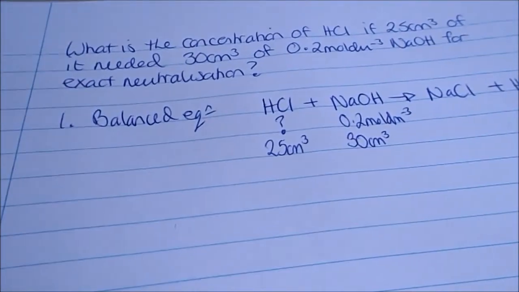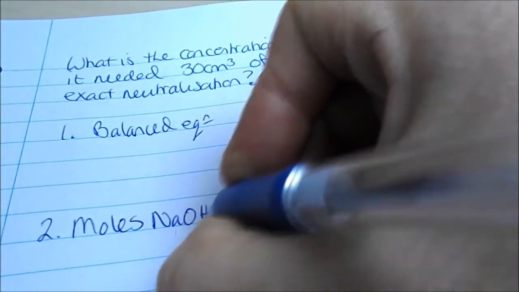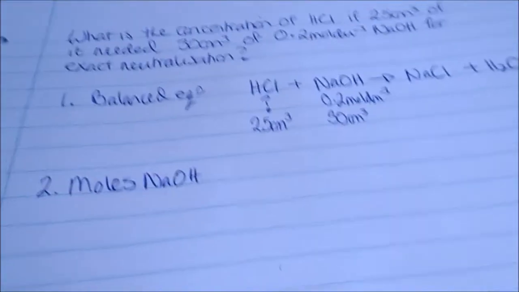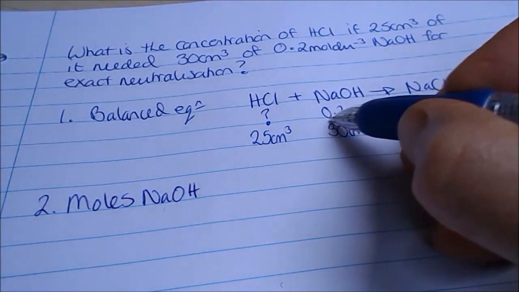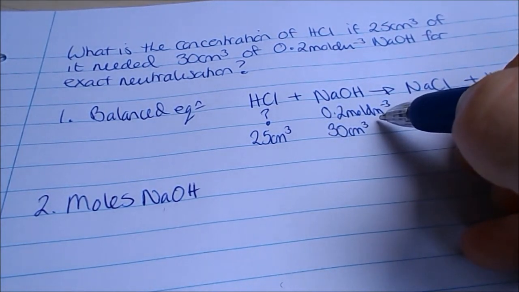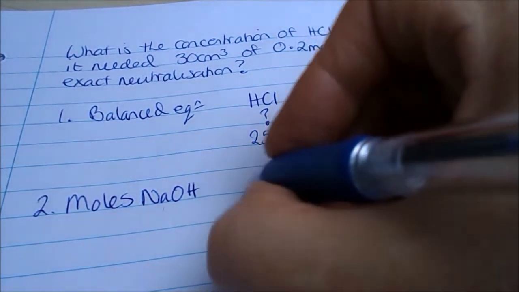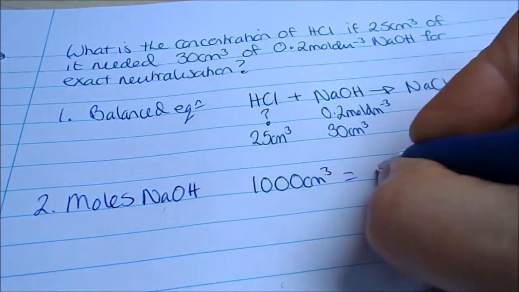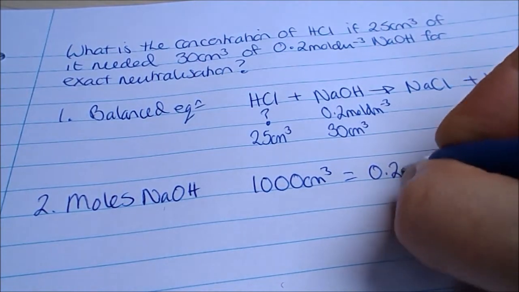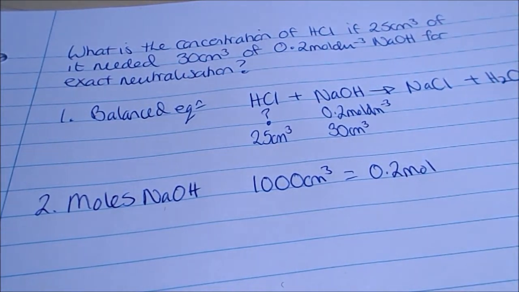So our first step is to work out the moles of the sodium hydroxide. Okay, now we've done that plenty of times, so that should be nice and easy. So we go from our key fact, our 0.2 moles per dm cubed, so 0.2 moles in 1,000 centimetres cubed, and we work our way to the 30 centimetres cubed that we are being asked about.